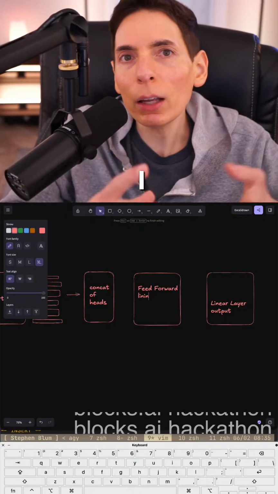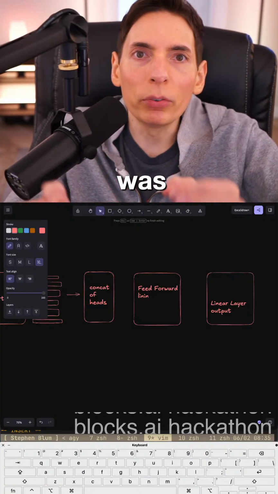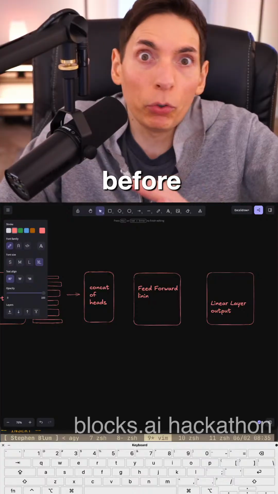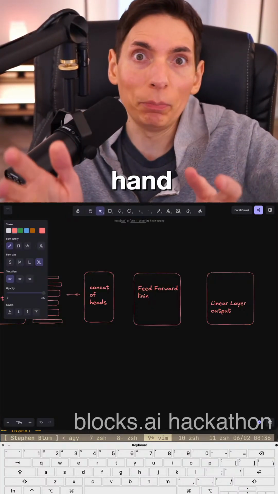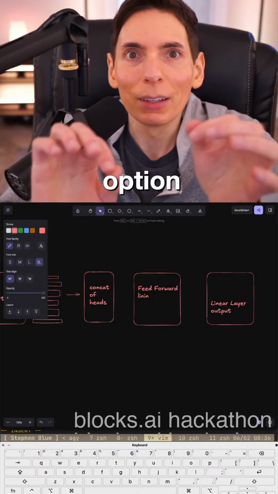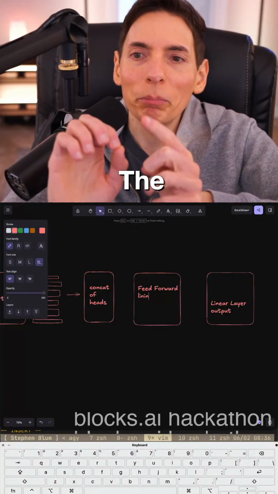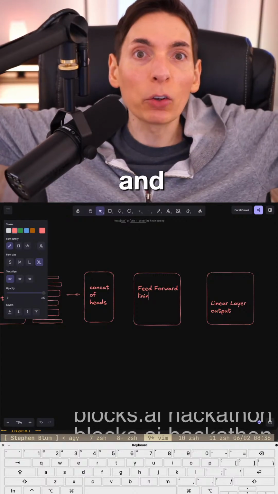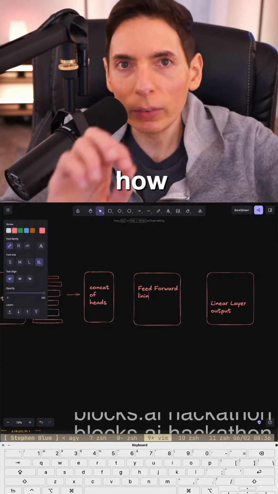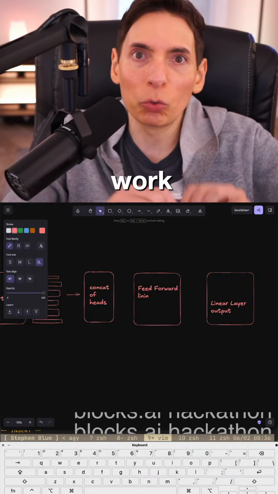The way I learned AI was before these frameworks were released or even popular, so I had to do all of it by hand. There was no other option. Then PyTorch, TensorFlow with Keras, and JAX all came out, and they're all fancy, and I want to learn how those work.